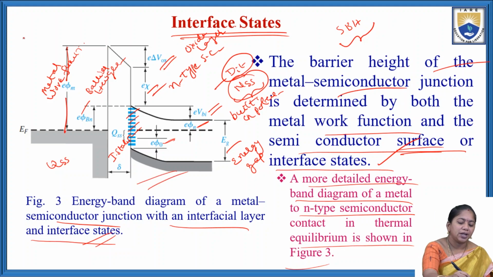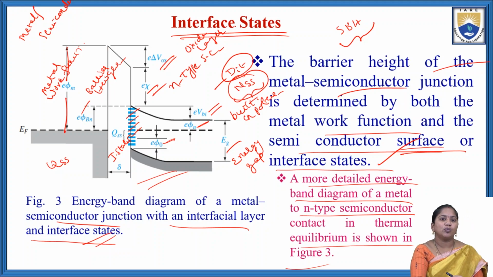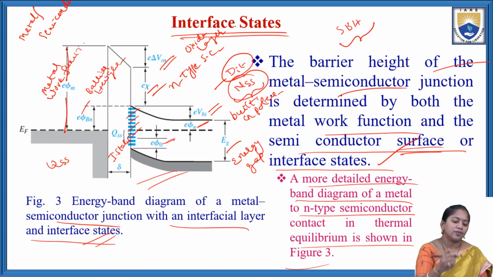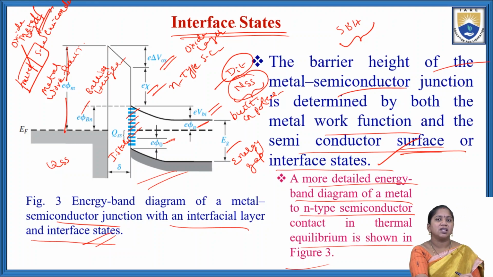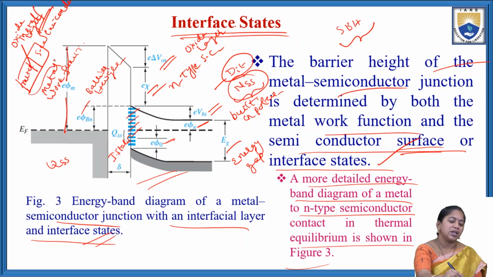While fabricating the metal semiconductor junction, during the deposition of the metals on the semiconductor, a very thin oxide layer is formed in between the metal and the semiconductor.